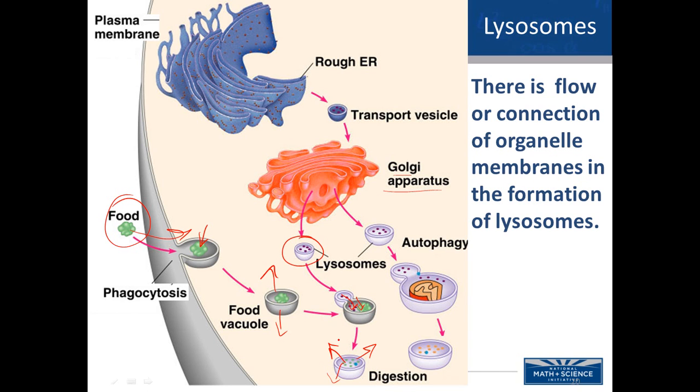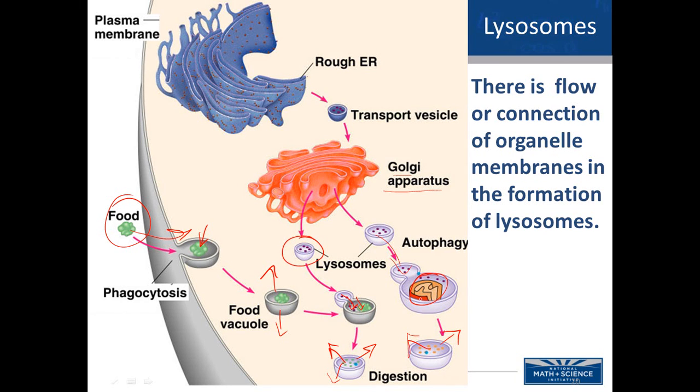In addition to that, lysosomes are important in recycling cell parts. So here we have a little mitochondrion that is broken down and has been wrapped up into a little vesicle, and so now the lysosome attaches to that vesicle, secretes in the enzyme, the components of the mitochondrion are broken down, and now those little organic molecules can be recycled.